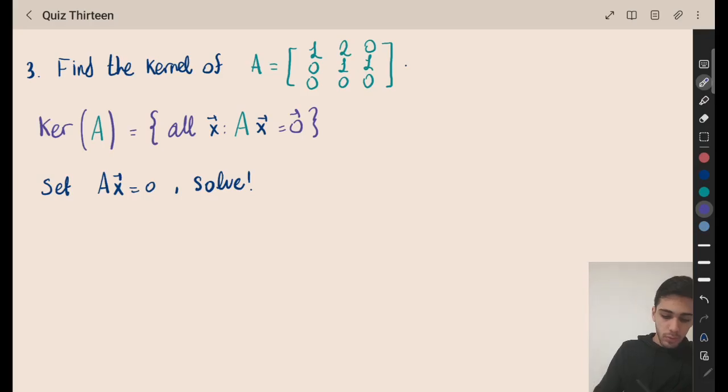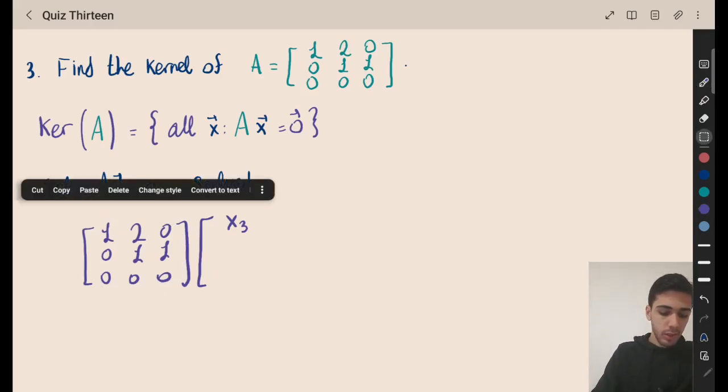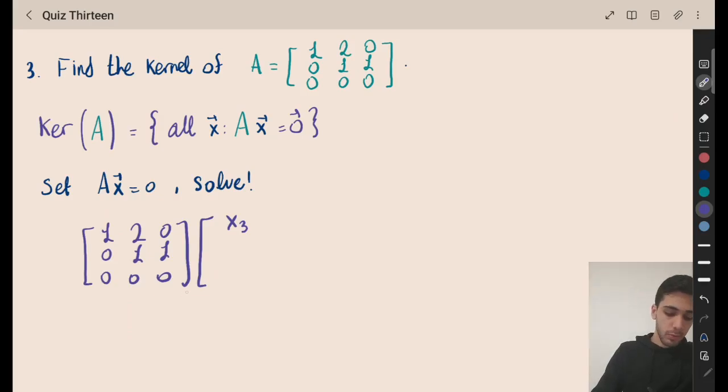We would like to say that A times x, a vector of variables, well, this is a three-dimensional map in the sense that it takes a three-dimensional input. You can read this off from the rows, and it outputs a three-dimensional vector, a vector of length 3.